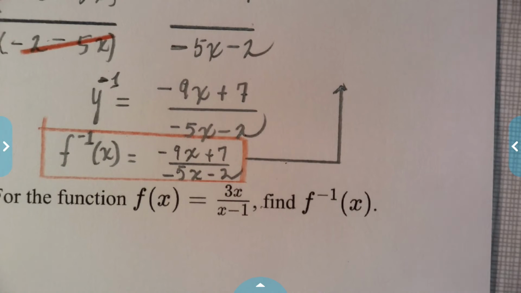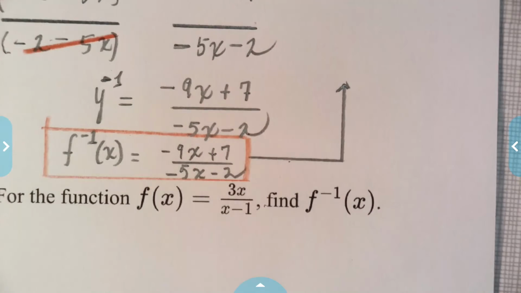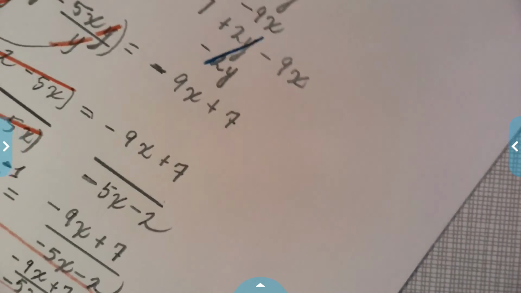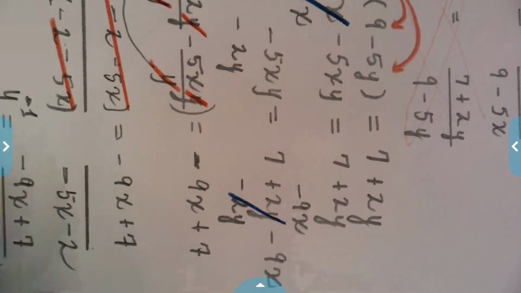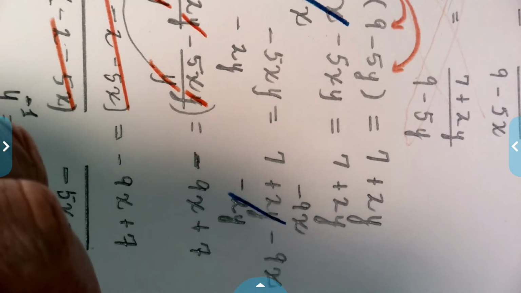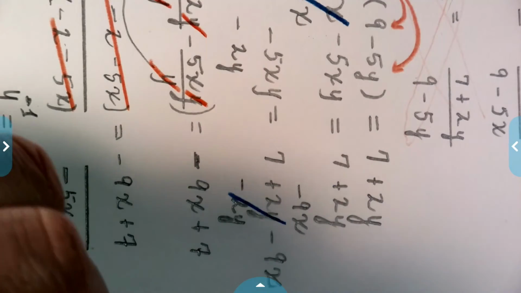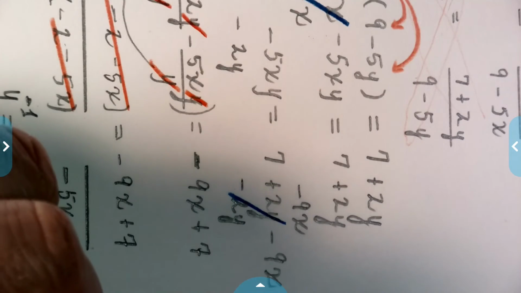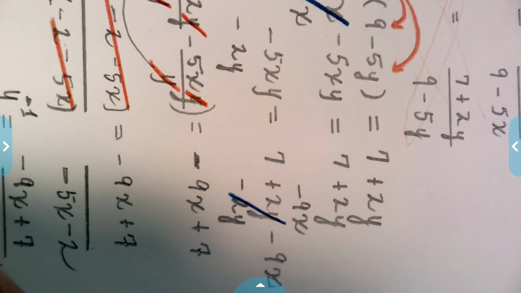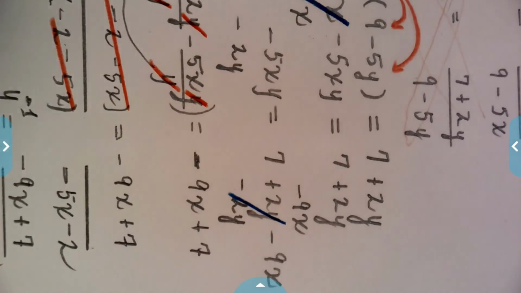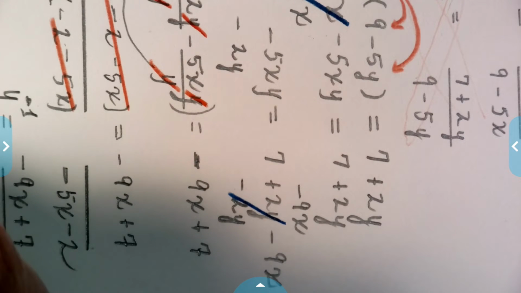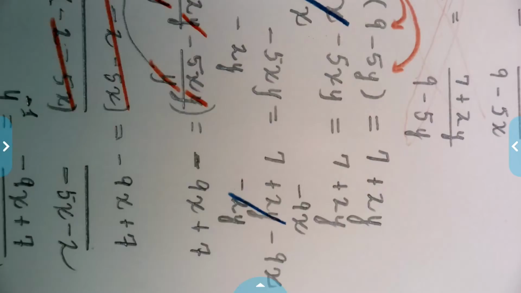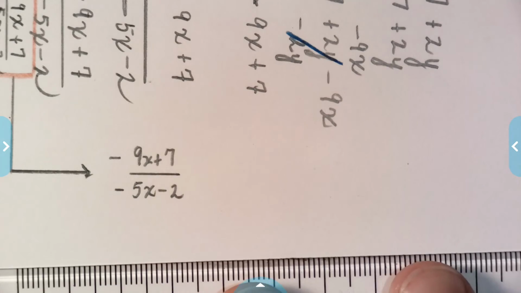It's mathematically identical to what we just wrote here, but if I take negative 9x plus 7 over negative 5x minus 2, okay, right there.